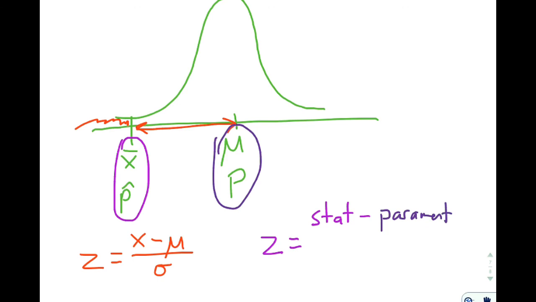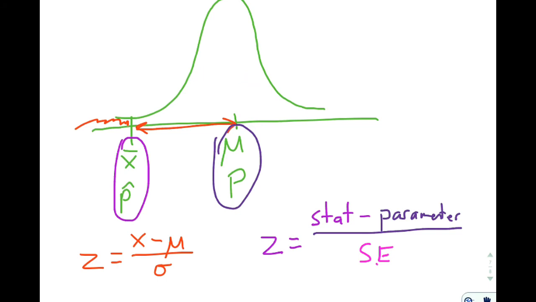So we have a statistic minus a parameter, and that's all going to be divided by the standard error. We're going to take that and divide it by the standard error, the standard deviation of the sampling distribution.